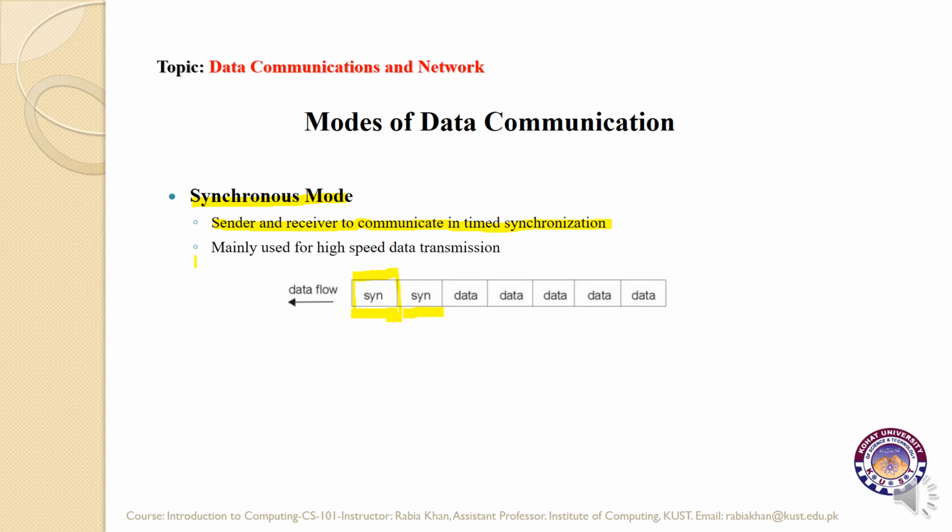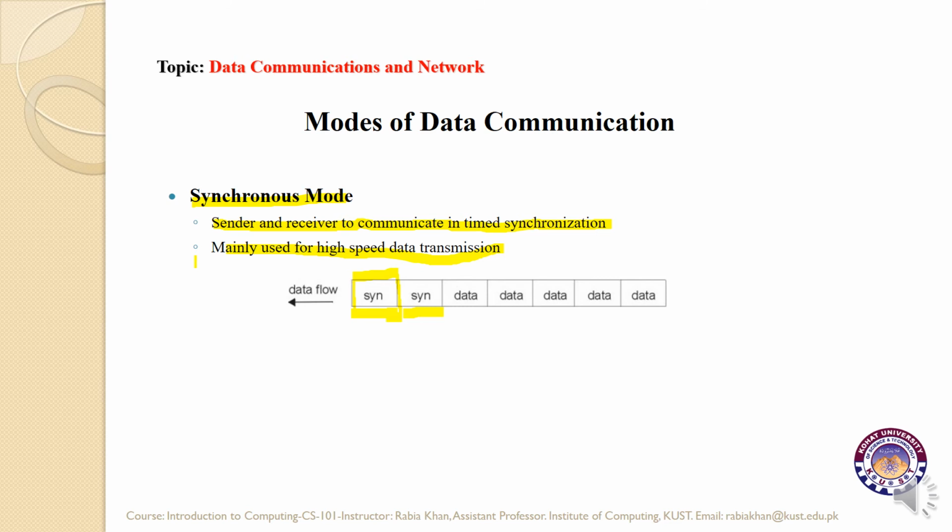When the connection is correctly synchronized, then data transmission begins. Since it does not have start and ending bits associated with the data, as we have seen in the case of asynchronous mode of communication, the data transfer rate is faster as compared to the asynchronous one, though errors may occur as the clocks can easily get out of synchronization.